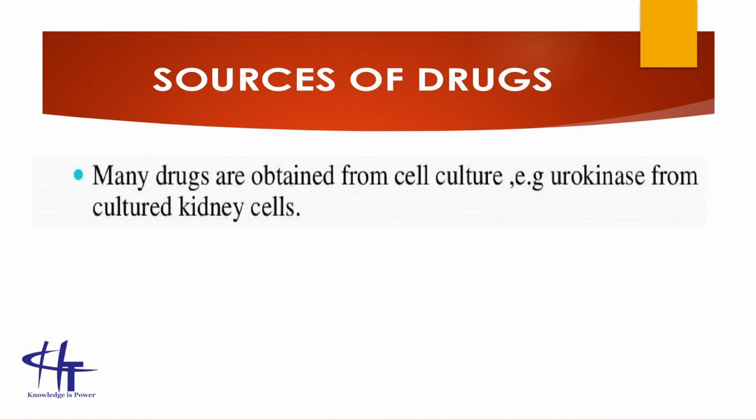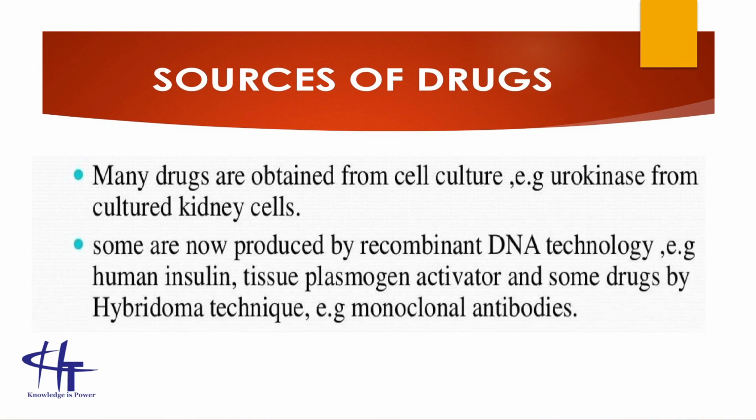We also have other drugs that are obtained from cell culture, like urokinases, and some of these thrombolytics are synthetic in nature. And because of the advances in technology, we have what we refer to as recombinant technology. Most of the vaccines, especially these COVID vaccines, were made out of this recombinant DNA technology.